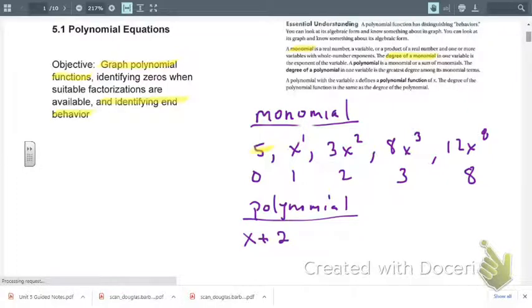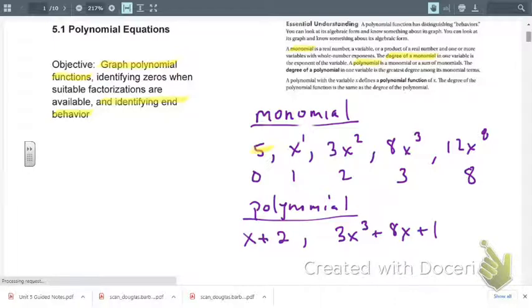It has two terms. 3x to the third plus 8x plus 1 is another type of polynomial. It has three terms. So a polynomial again is a monomial or sum of monomials.